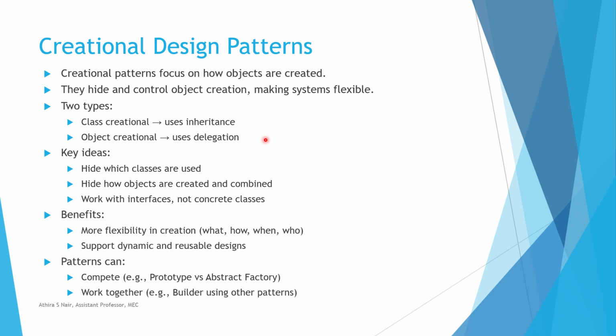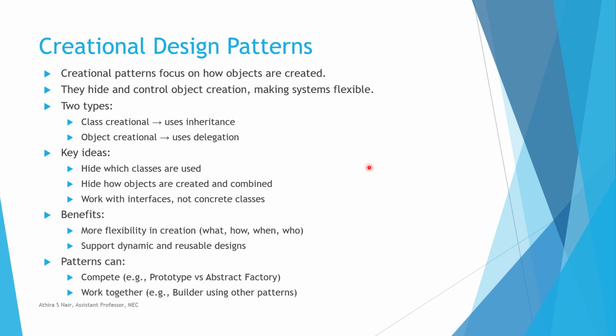There are two recurring themes in these patterns. First, they all encapsulate knowledge about which concrete classes the system uses. Second, they hide how instances of these classes are created and put together. All the system at large knows about the objects is their interfaces as defined by abstract classes. Then the creational patterns give you a lot of flexibility about what gets created, who creates it, how it's created, and when.